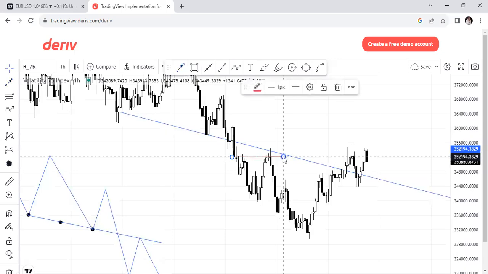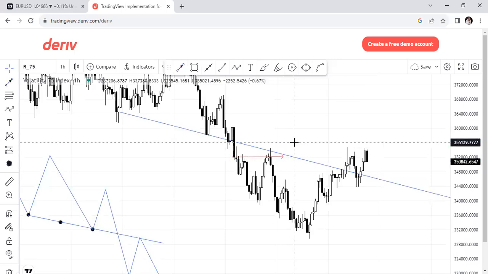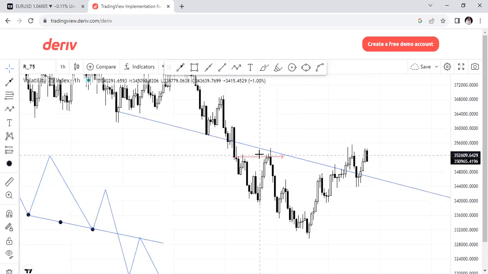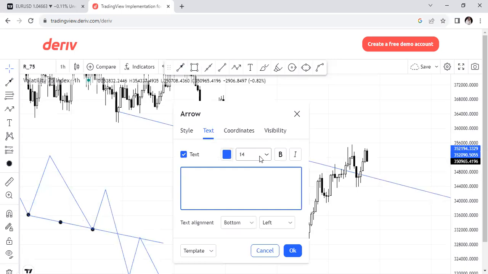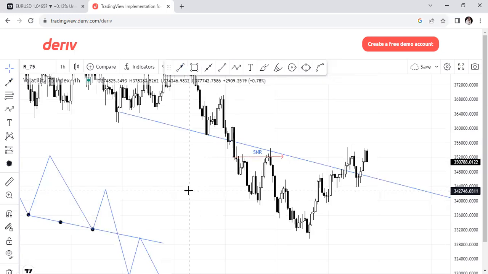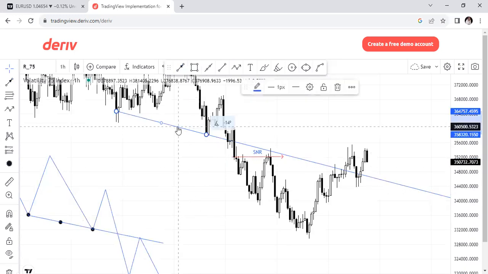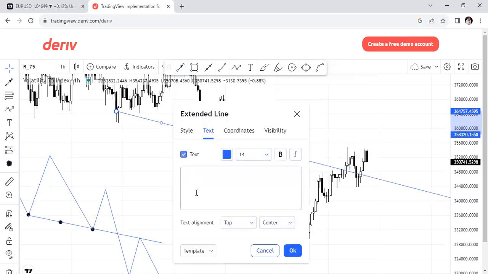Make use of that. So this is S and R. Then your trend line. This is the trend line.